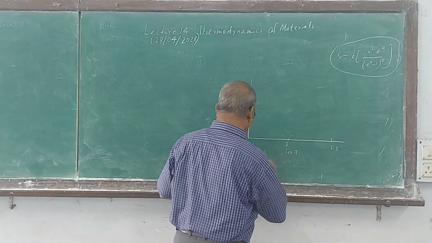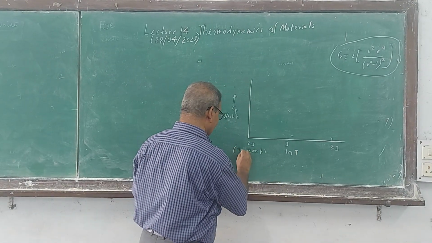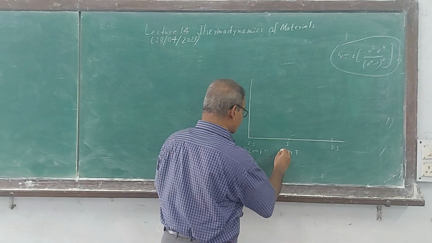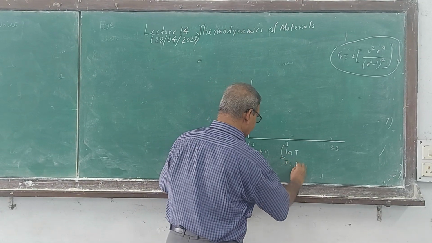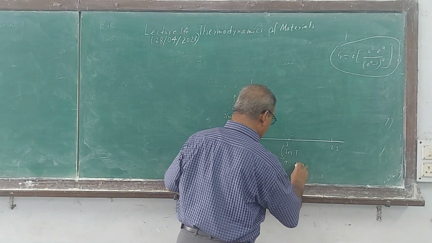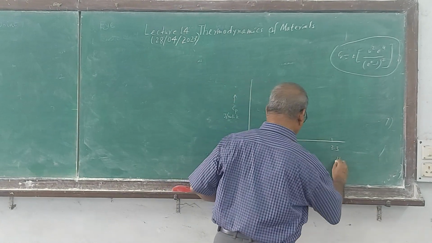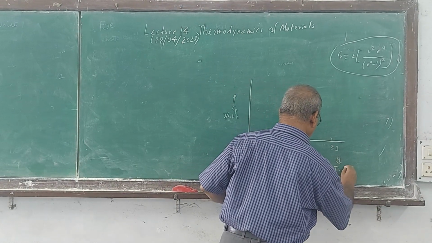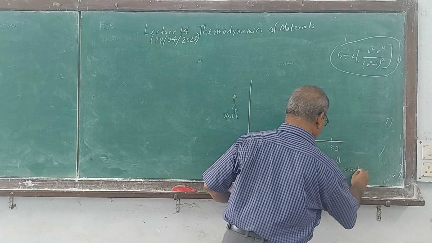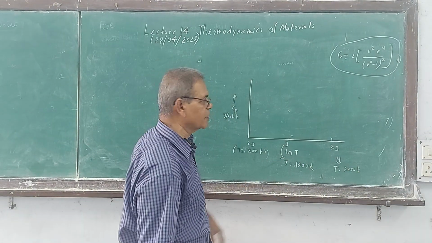Here, T is 1000. Log 1000 is 3, which is 1000 Kelvin, and similarly this is 2000. These are corresponding values, just for your appreciation of the temperature.